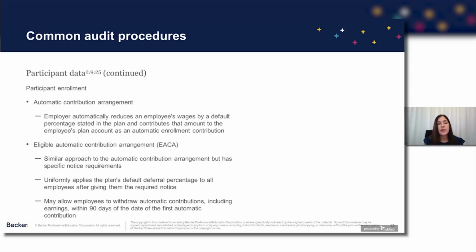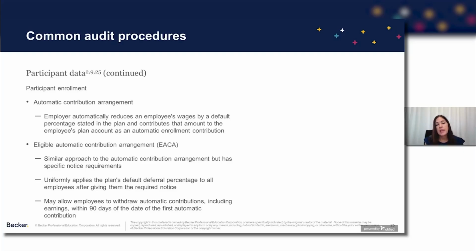Very straightforward, very simple. Now, the next level is what's called the eligible automatic contribution arrangement, the EACA. It's similar to that basic one, the basic ACA, but with the EACA, there are some specific notification requirements, because generally what happens is that they will tell every employee that they are now adopting this EACA, and everyone will be automatically enrolled in the plan at that default percentage.